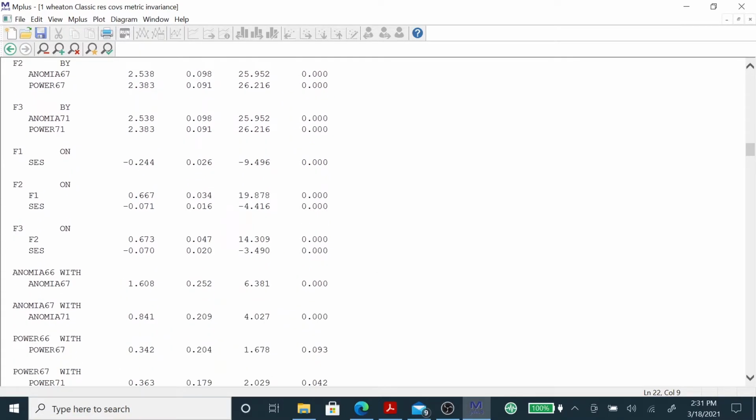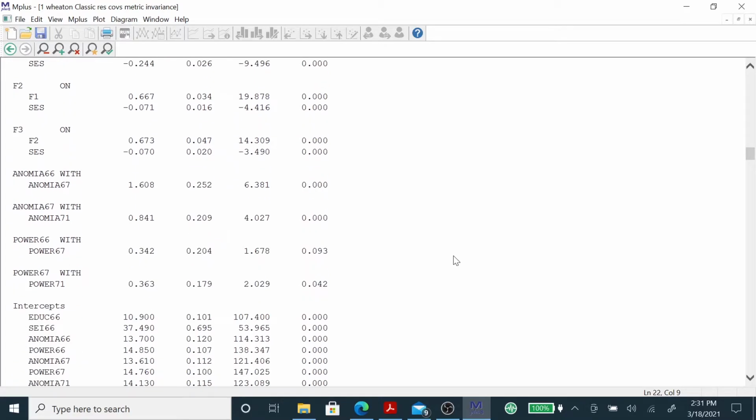And then you have F1 regressed on SES, which is negative significant as expected. As SES increases, the factor, alienation, goes down. F2 on F1 is positive and significant, and F2 on SES is negative significant. Same for F3 on F2 and F3 on SES.